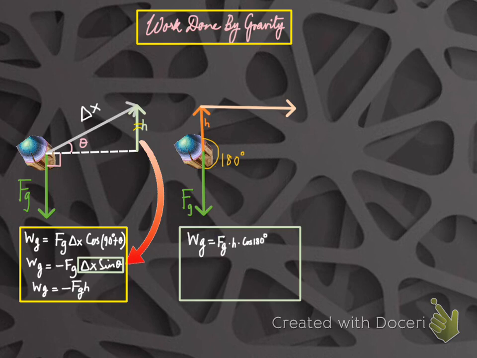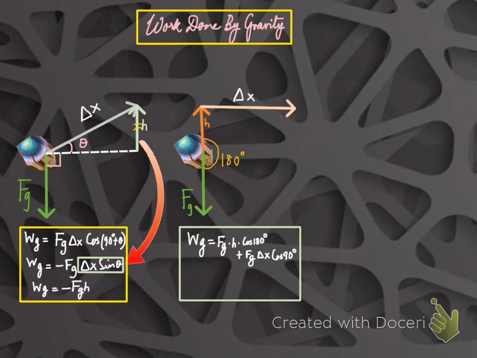So the work done by gravity for the first displacement would be Fg times h times cosine 180. And the work done for the second displacement, where the displacement is delta x, would be Fg times delta x times cosine 90, because that's the angle between the two.